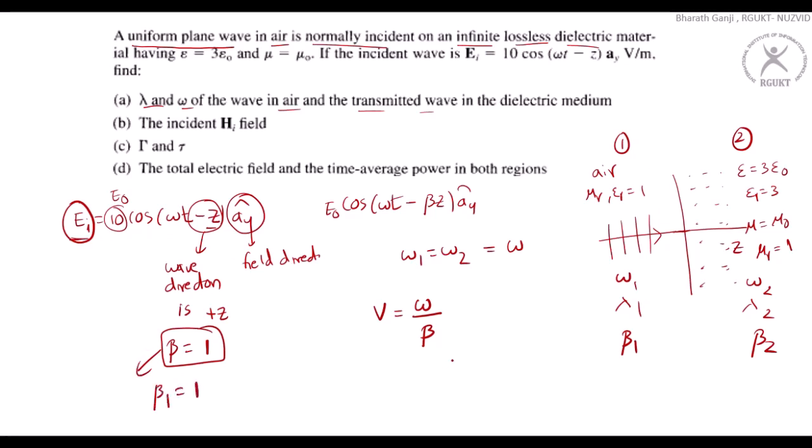So the velocity in the first region should be equal to omega divided by beta 1. Because it's in air, the velocity is 3 into 10 to the power of 8, and because beta is 1, from here you have omega. The omega value is 0.3 gigahertz or 300 megahertz.